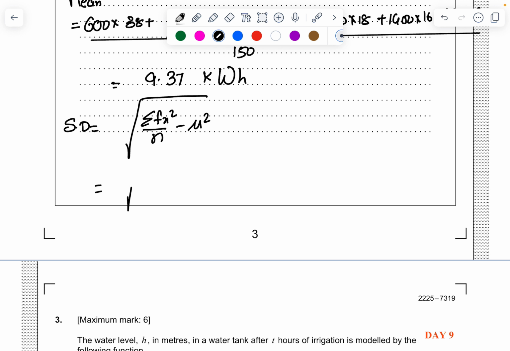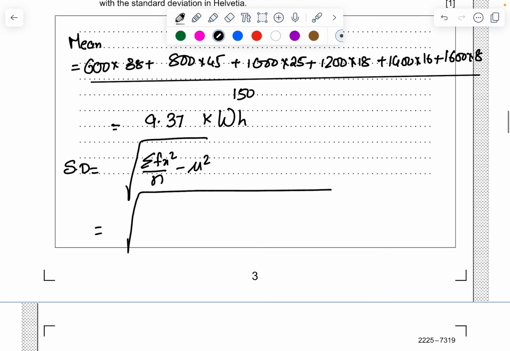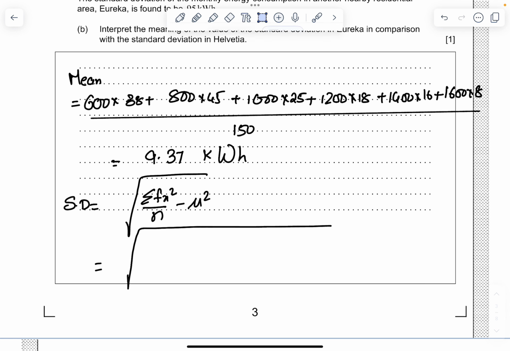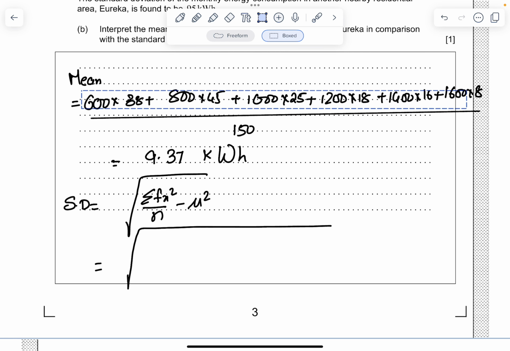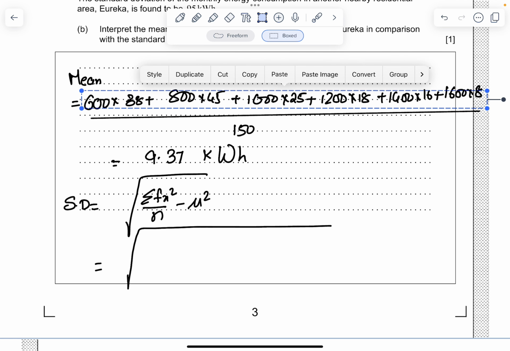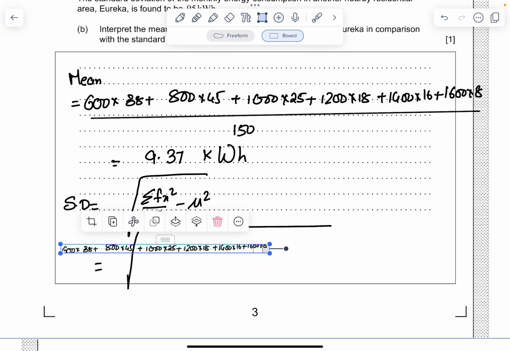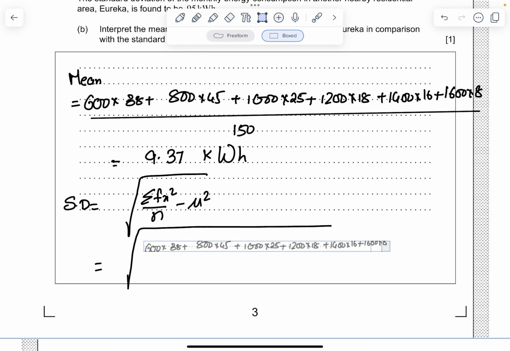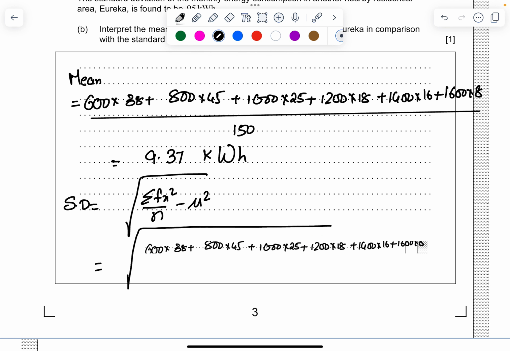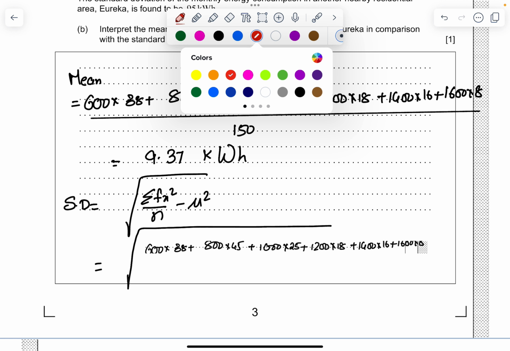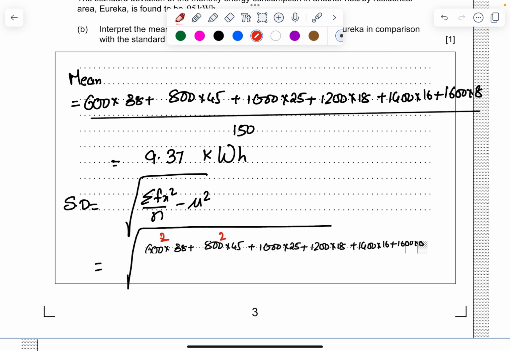If you don't know how to use GDC, this is sigma fx square. F is a frequency and x square. So it is 600 square, 800 square, 1000 square, and so on, fx square divided by n.